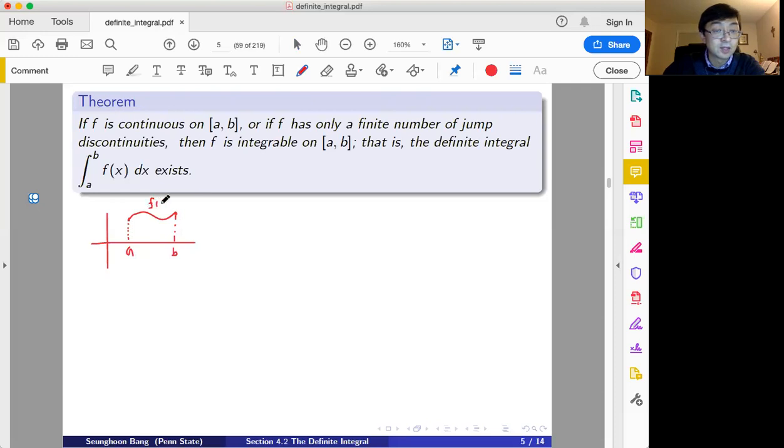The function f is continuous. What is the integral from a to b of f of x dx? The geometric meaning is the area under the curve. You can calculate this area, which means the definite integral is a finite number. The integral exists. Is it true? One more case: the function f has only a finite number of jump discontinuities. What happens? The graph is like this.